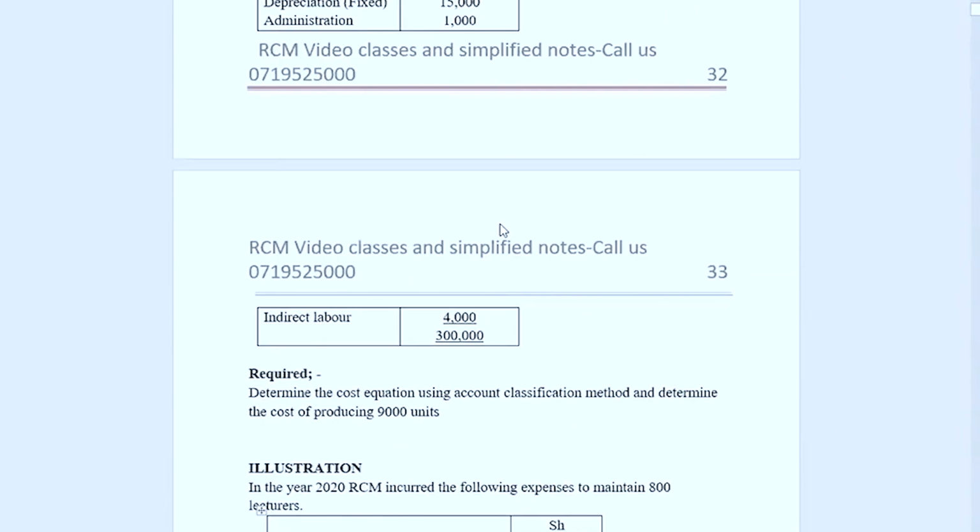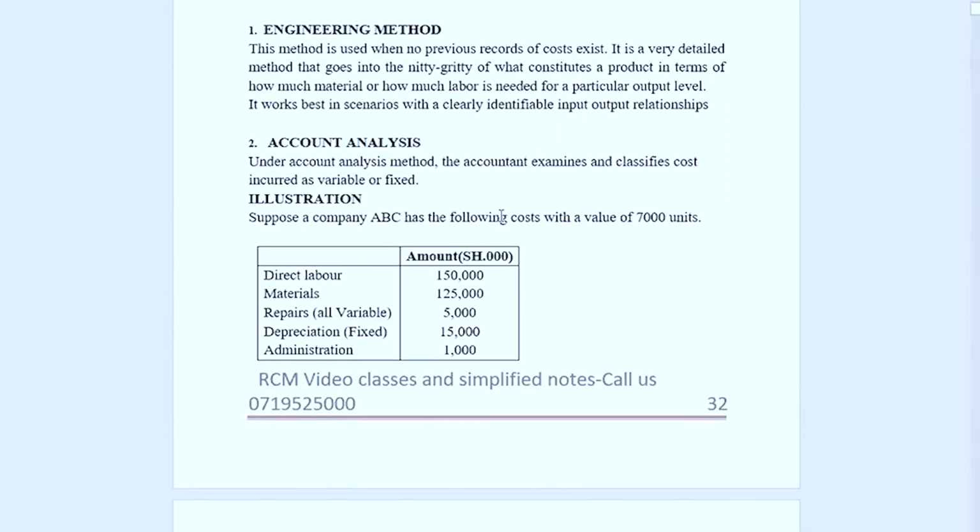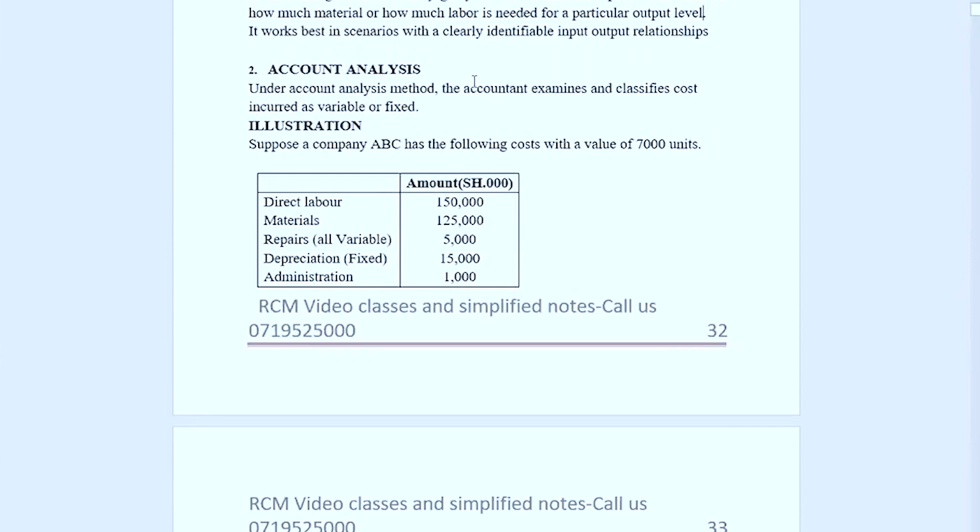Accounts analysis method. Quite an interesting method. I like it.